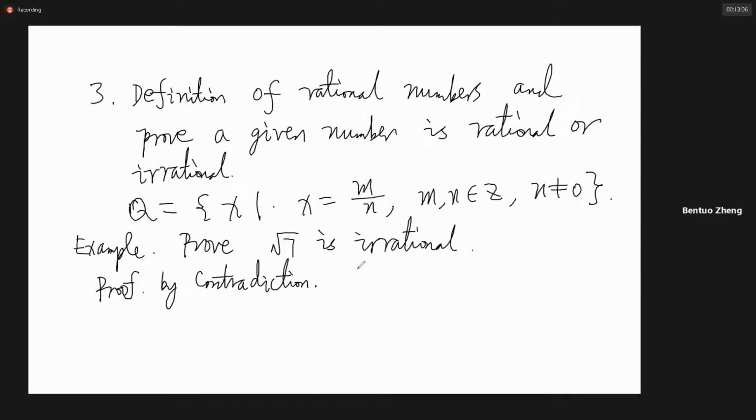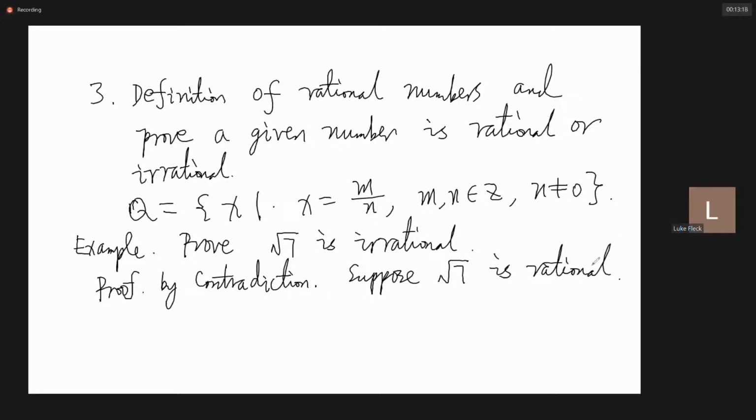All right. So we suppose square root of 7 is rational. Okay, if square root of 7 is rational, by definition, we can write square root of 7 is equal to some m over n.